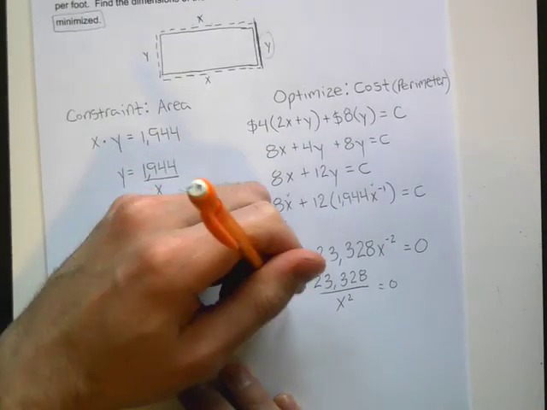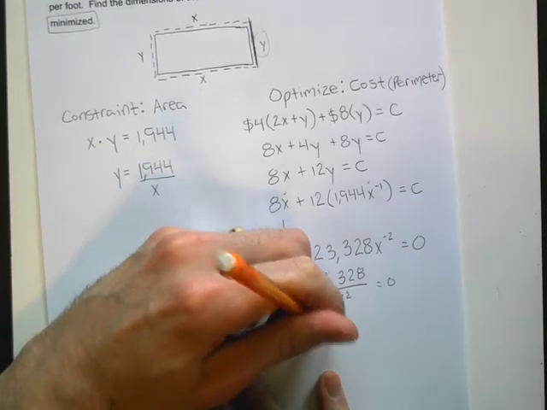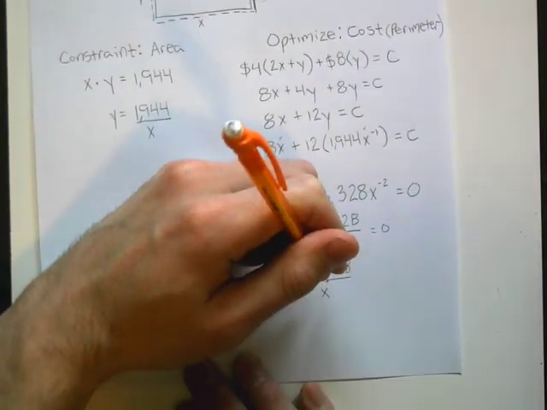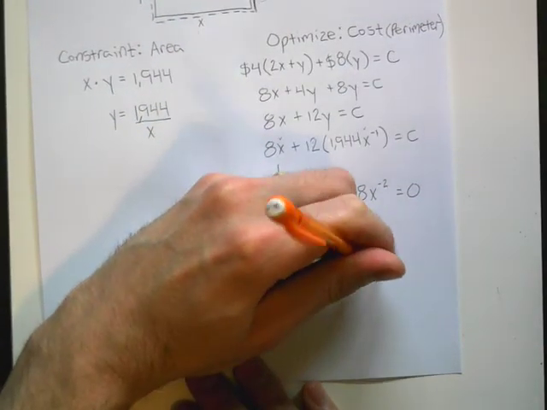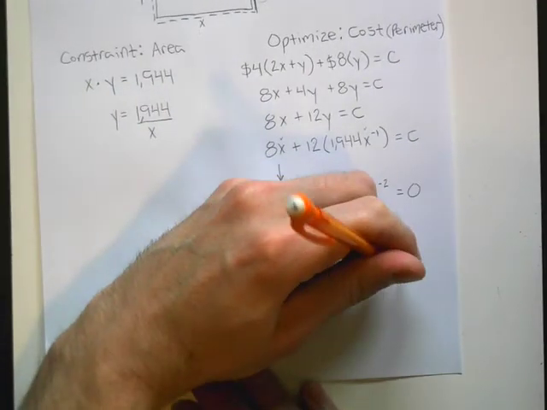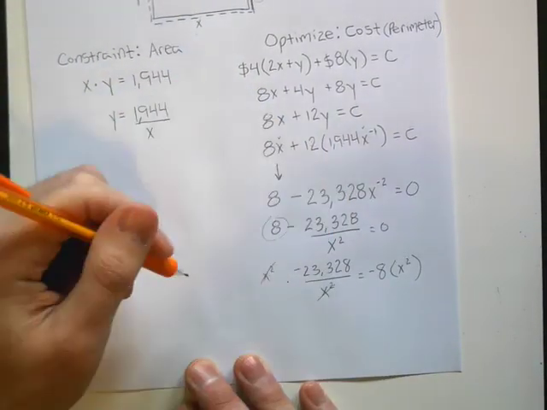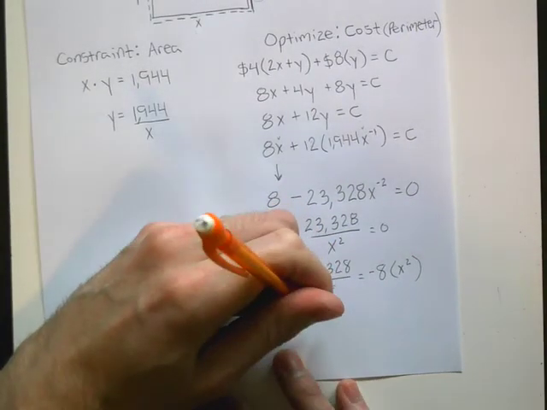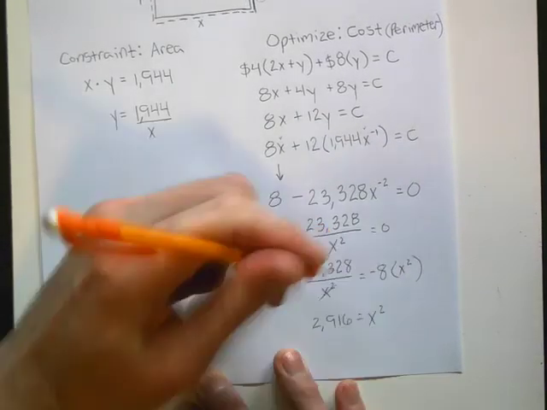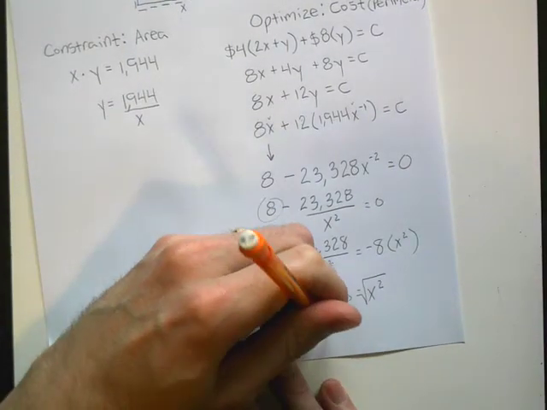I'm going to take this 8 and bring it over to the other side, so I'm going to have -23,328 over x squared equals -8. I'm going to multiply both sides by x squared, and then divide out this -8. When I do that, I get 2,916 equals x squared. When I take the square root of both sides, I get x equals 54.